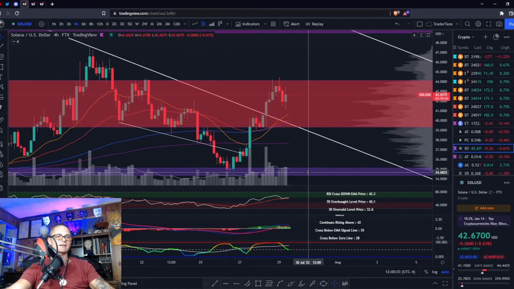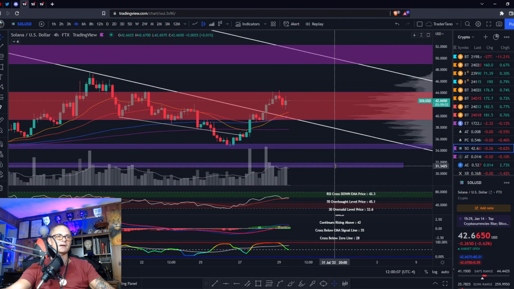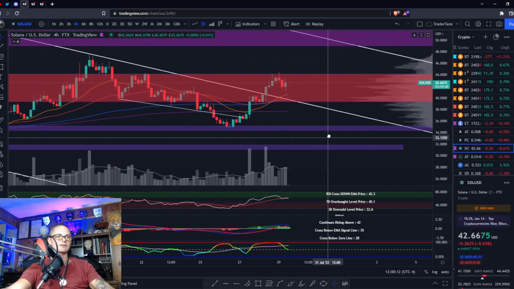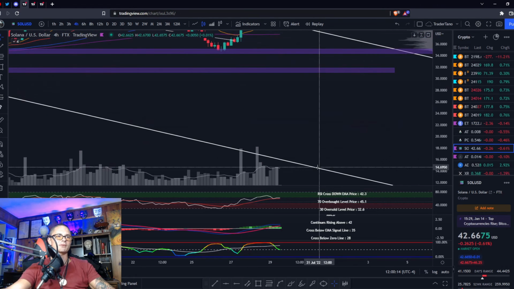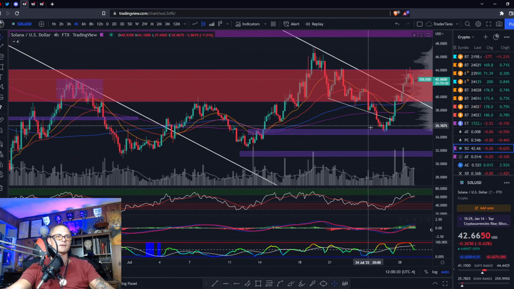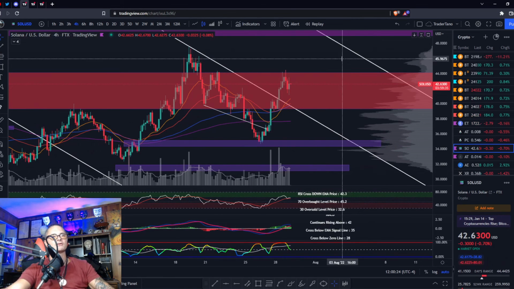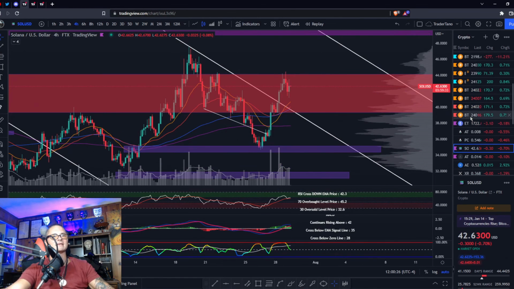Honestly, I think we would get the next bounce at the 34.68 region. But ultimately, I think you come back down to $31 and lower. If Bitcoin breaks 22,500, I think we come down all the way to $15 for Solana. Fairly quickly too. I mean, it's going to cascade down. If we break 22,500 on Bitcoin, it's going to cascade down.